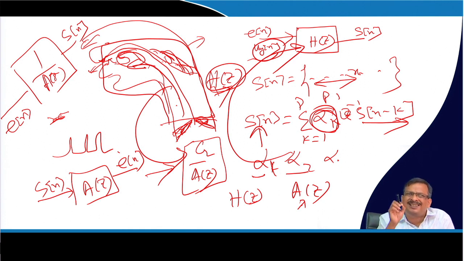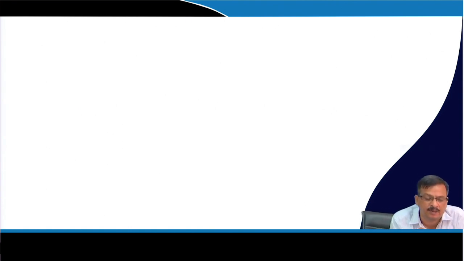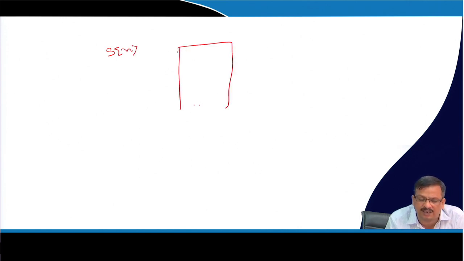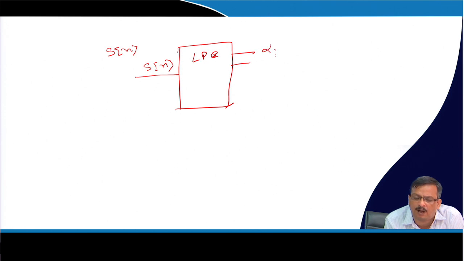So when I say LPC analysis in the case of speech, there are two things: one is LPC analysis, and one is LPC synthesis. What is LPC analysis? It is linear predictive analysis, where I know the speech signal. My input is s(n), and I have to compute alpha 1, alpha 2, up to alpha k.